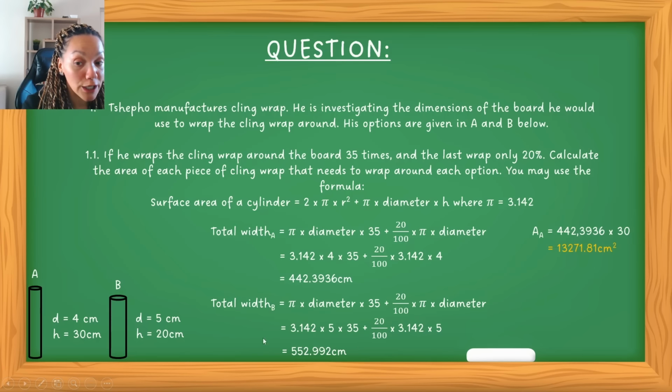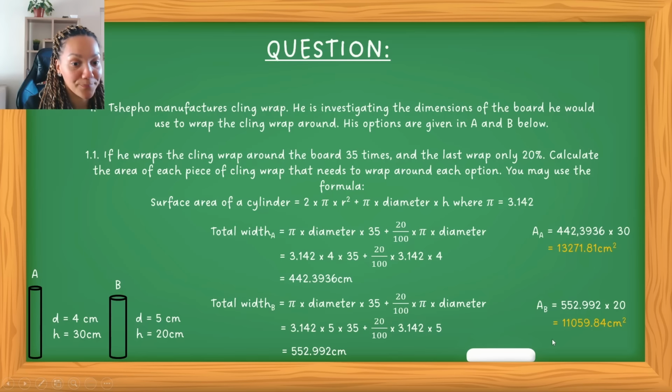Now to calculate the area of this cling wrap, it's that 552.992, the width of the cling wrap, times the height, which is 20, which gives us length times breadth, and that will give us 11,059.84 centimeters squared. So ideally, wrapping option A around 35 times is going to use more cling wrap in terms of area than option B.